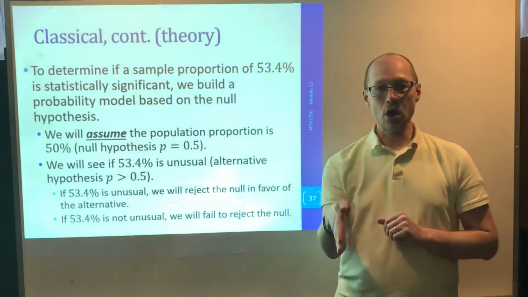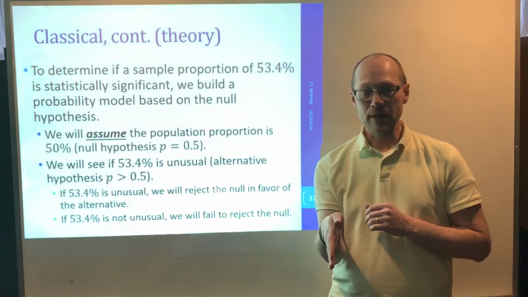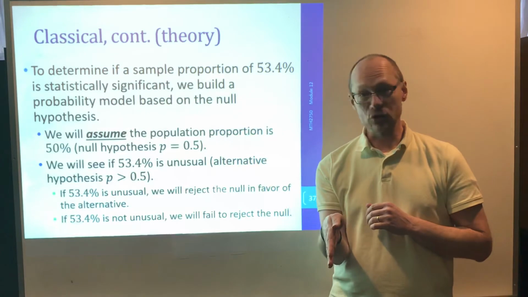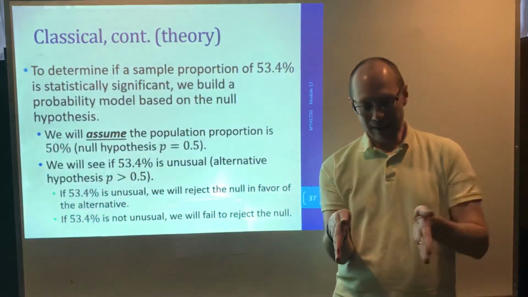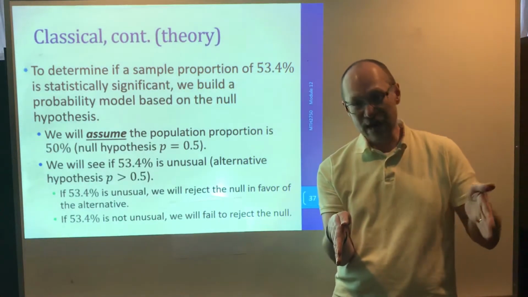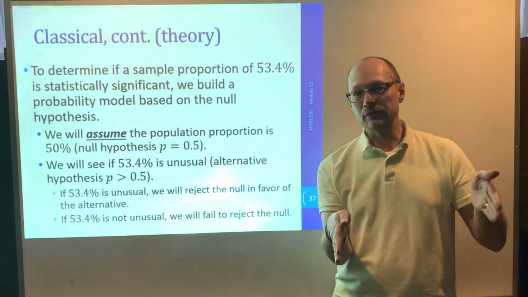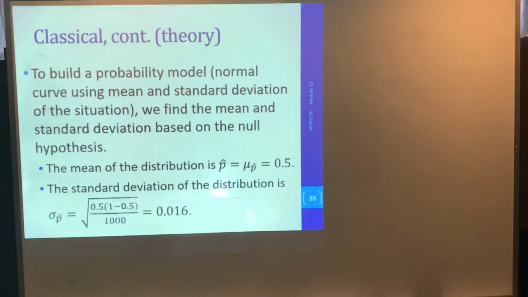That's our null hypothesis. 0.5 is the true proportion. We're going to find out whether that's true or false because the 0.534 is going to be on the high side, and maybe it even approaches that red zone of unusual, right? So we have to figure that out.